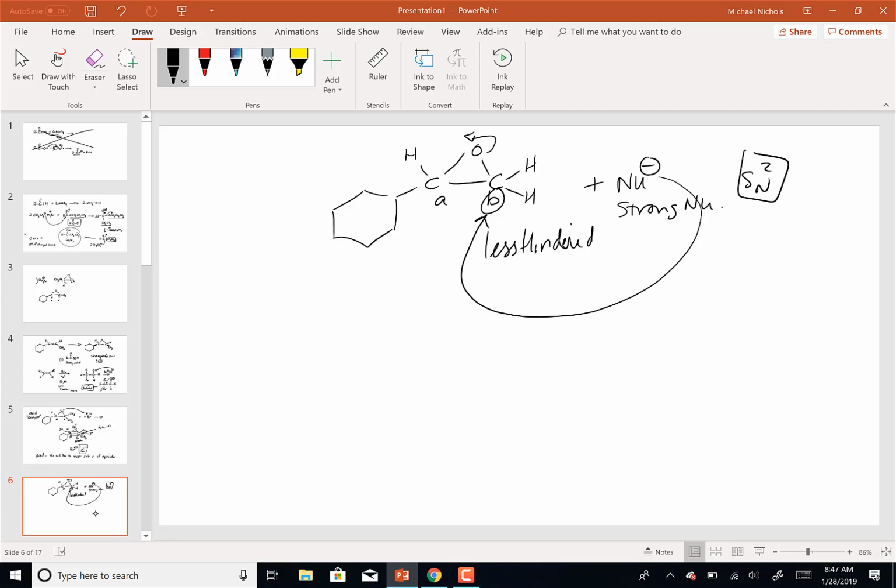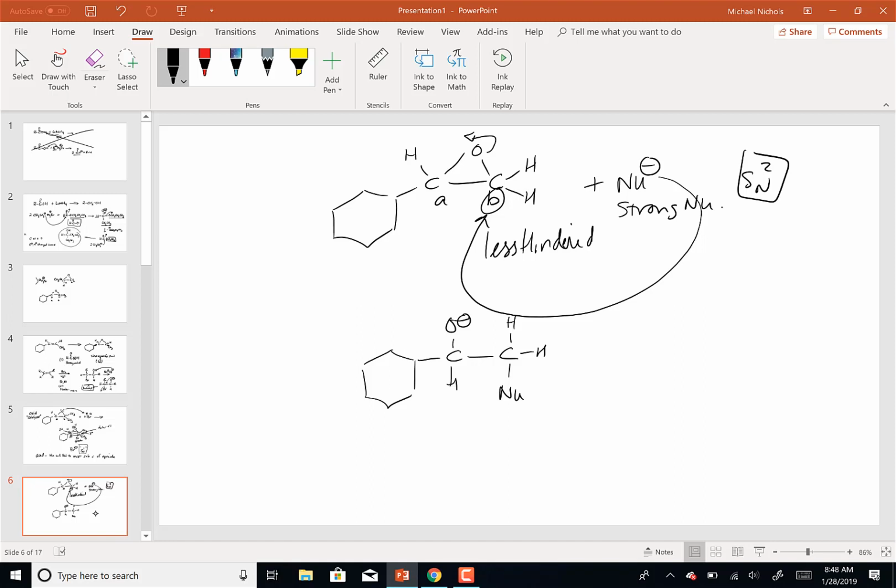So then what am I going to make? I'm going to make my C with the H with the O minus here, and then down here my nucleophile will have added trans to where the oxygen ends up. Would you still get the inversion if you had a color?